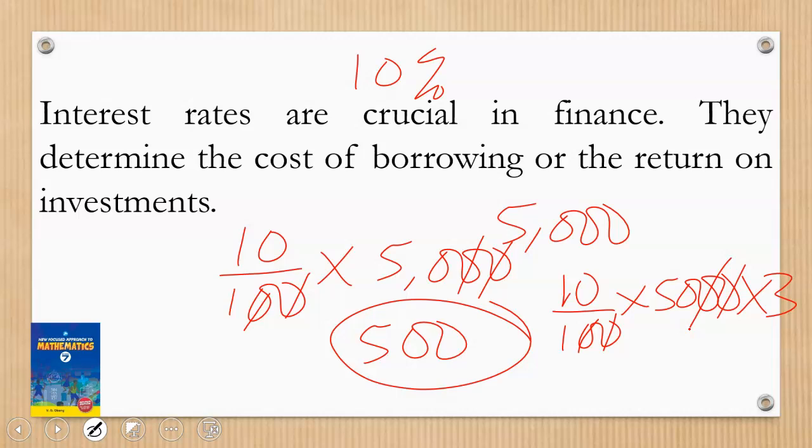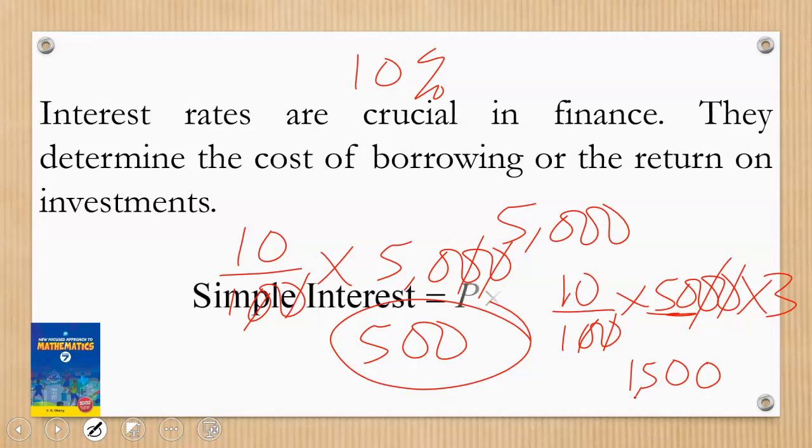If I multiply 5 times 50 times 3, I'm going to have 150 times 10, which will give us 1,500. It means when I keep this money with the bank, at the end of 3 years, I will get interest of 1,500. Then I can add it to my original amount, which is the 5,000 to get 6,500. That is how we calculate simple interest.